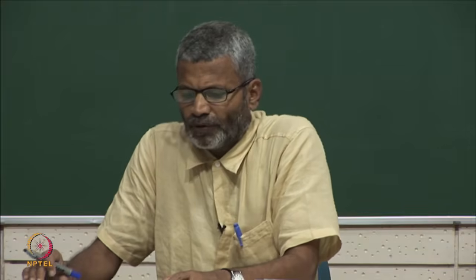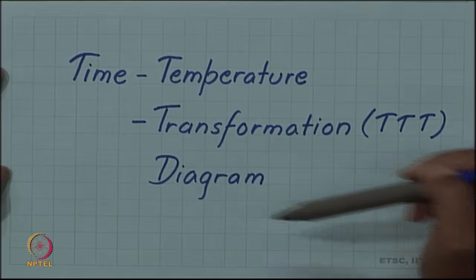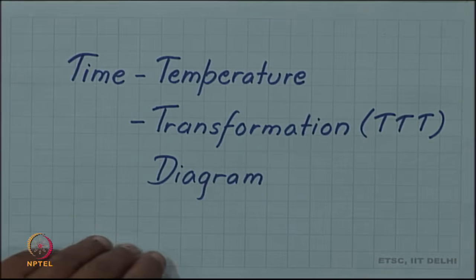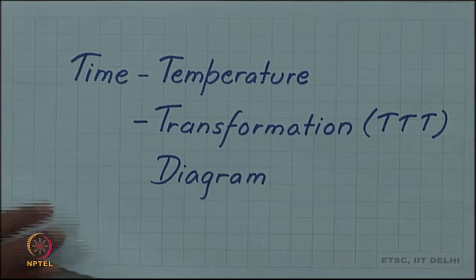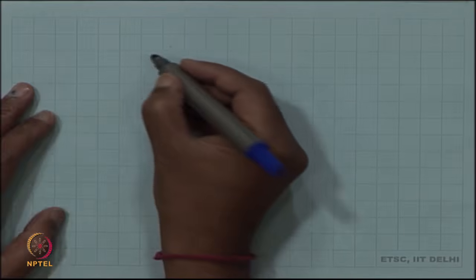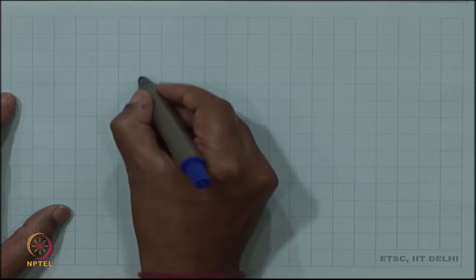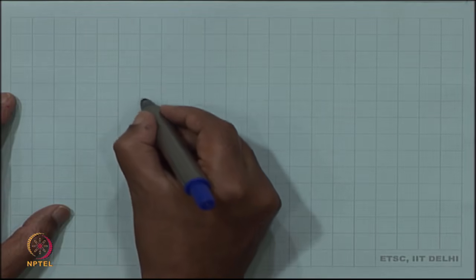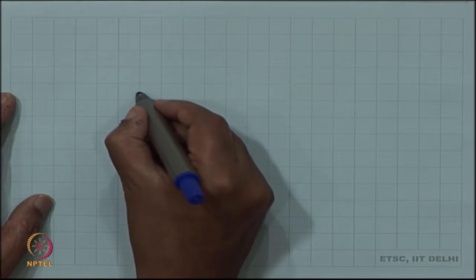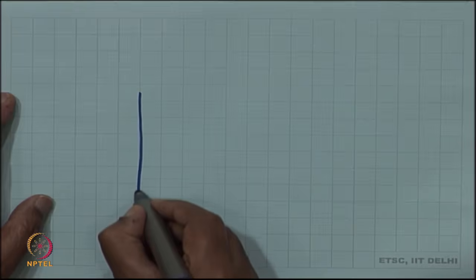Let us look at an important transformation diagram known as the time temperature transformation diagram. This kind of diagram is very important in the study of phase transformation. So, we have already looked at. So, let us make the time temperature transformation diagram. It has a temperature axis.